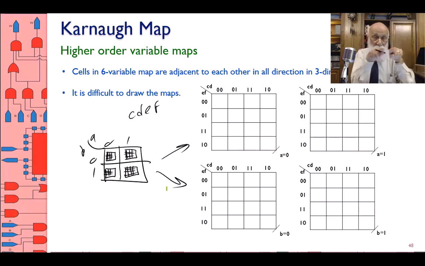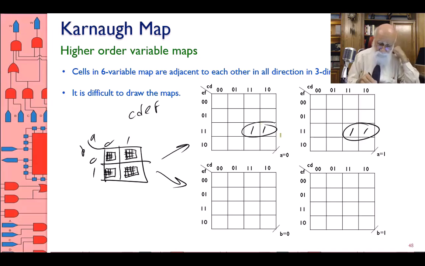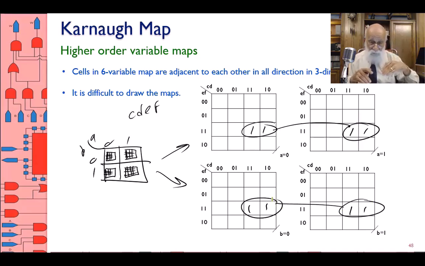The same way, 2 horizontal ones are adjacent. If I have something here and here, these are adjacent. If I have something here and here, these are also adjacent. Now, if I have all these 4, yes, all these 4 on top and 4 at the bottom are adjacent.